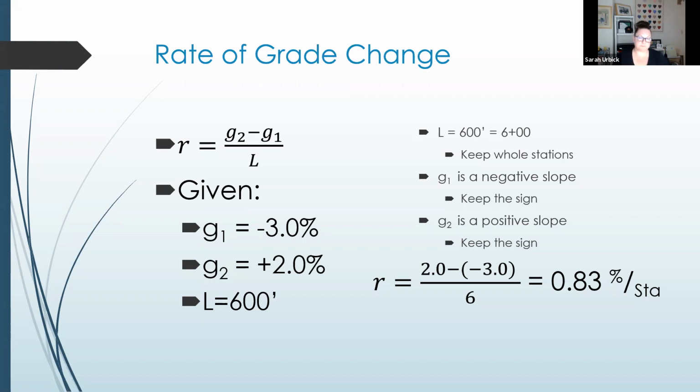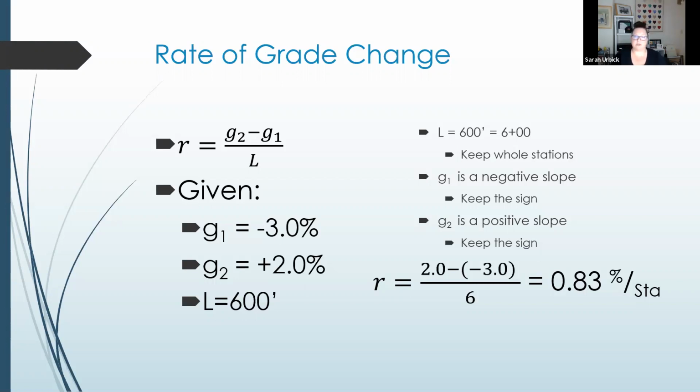That gives us our unit of rate of change, right? Our percent is what's our vertical component for every 100 feet divided by how many feet are we going, except instead of feet, we're calling it stations.